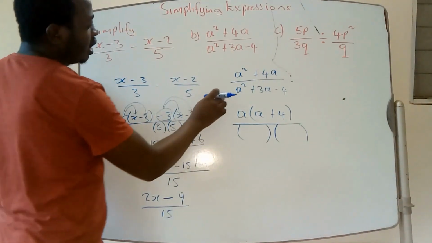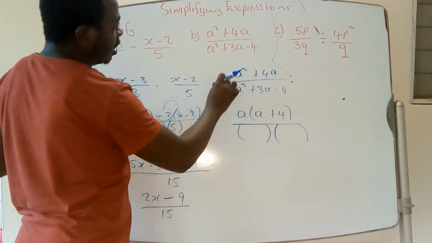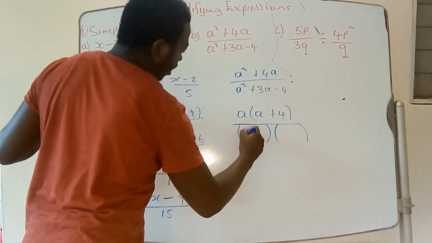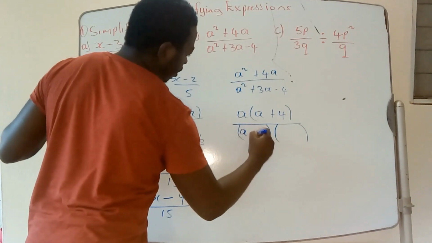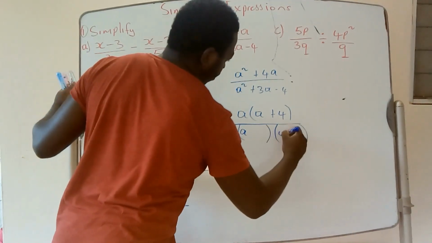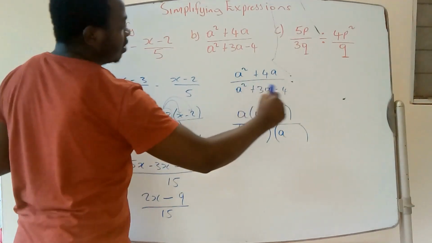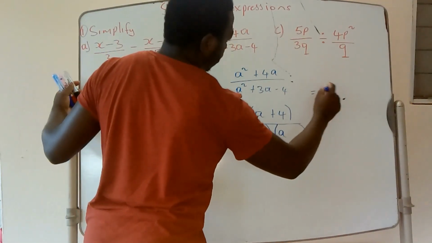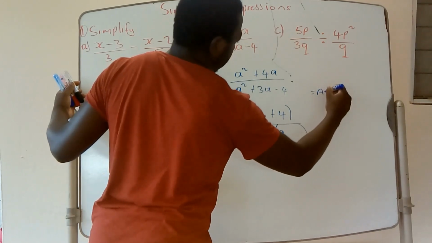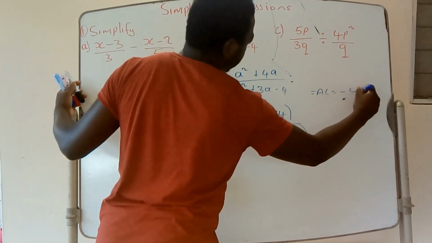Now, one of the things that we know, since this is a squared term, is that each bracket is going to have an a in there. So there's going to be an a here. Now, we know that ac is minus 4. We know that ac is equal to minus 4, right?